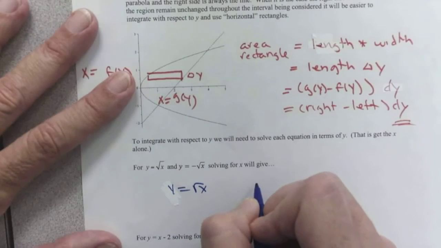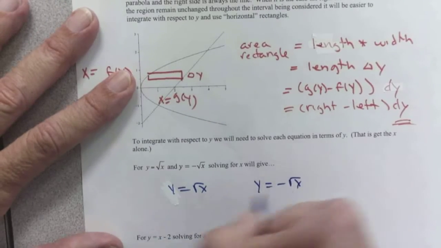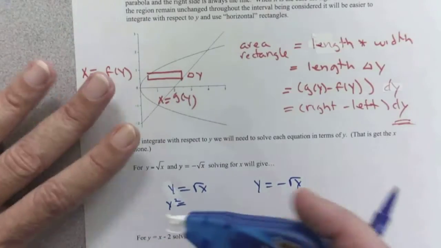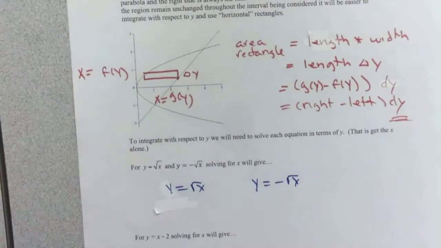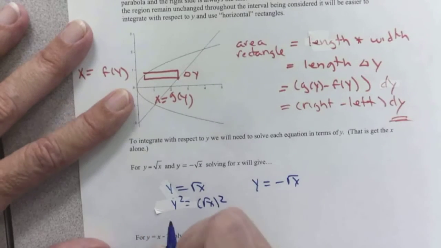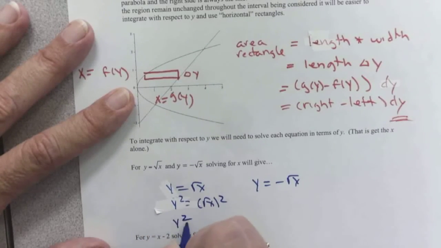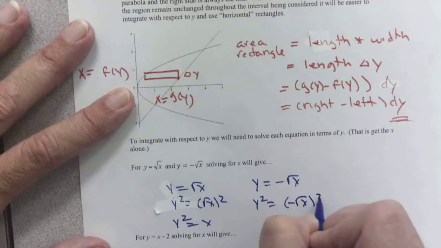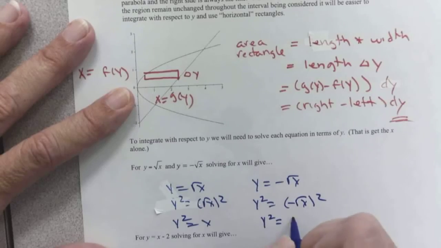Solving for x, I would square both sides, and so I get y squared equals x.